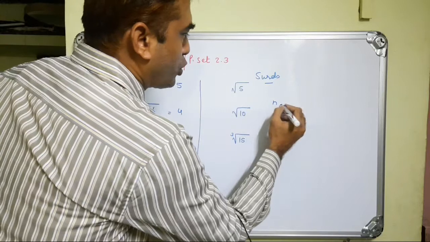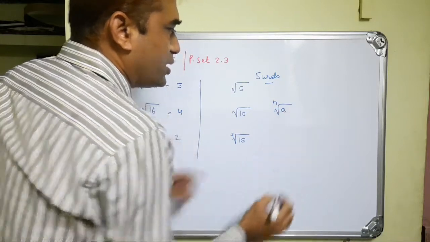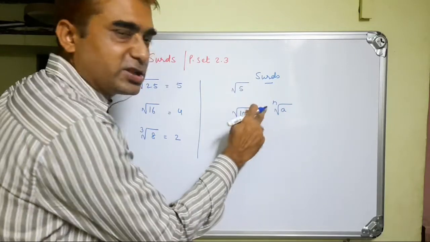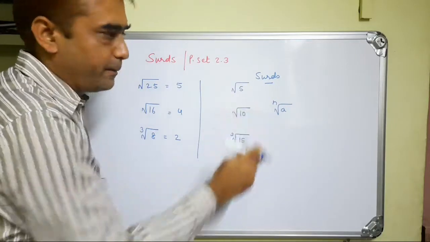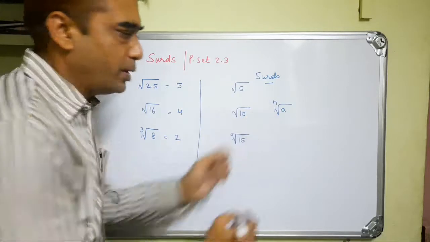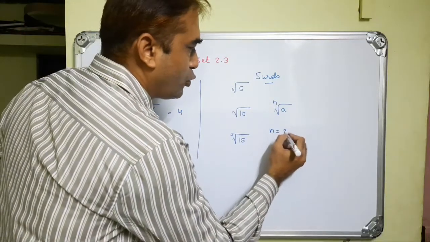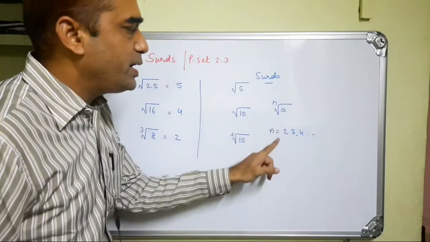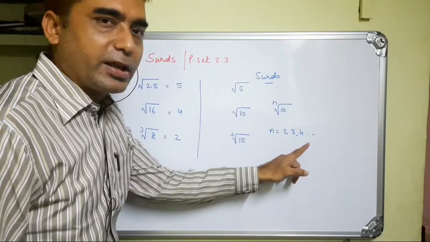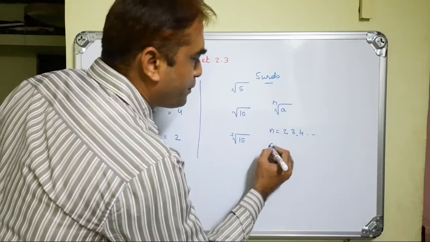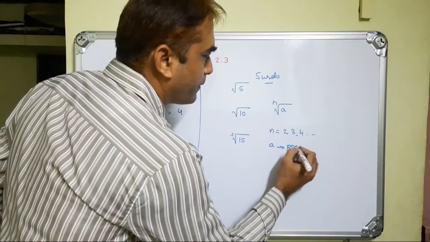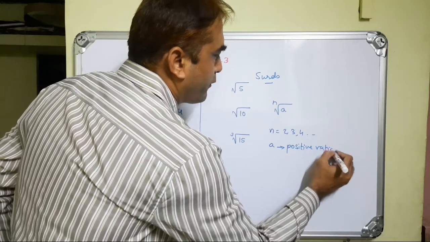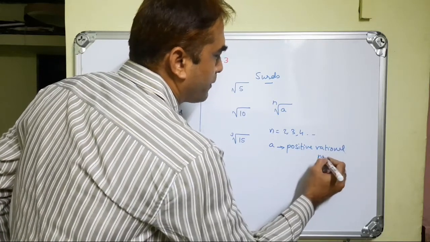So nth root of a is called a surd if n is a natural number greater than 1. N is a natural number, meaning n may be 2, 3, 4 and so on. So n should be a natural number greater than 1 and a is a positive rational number.